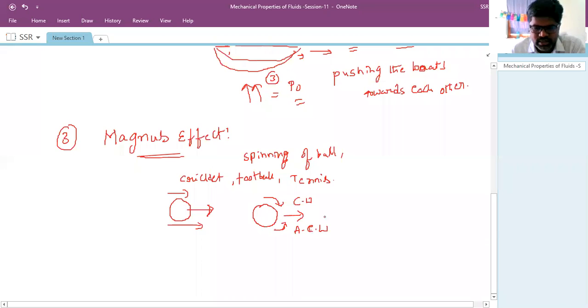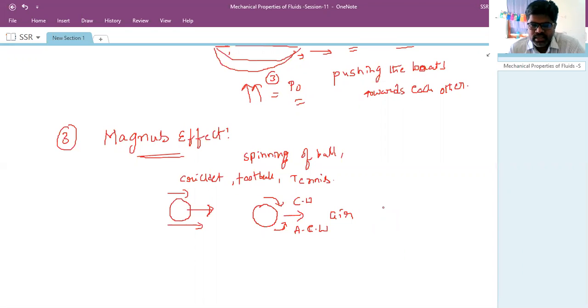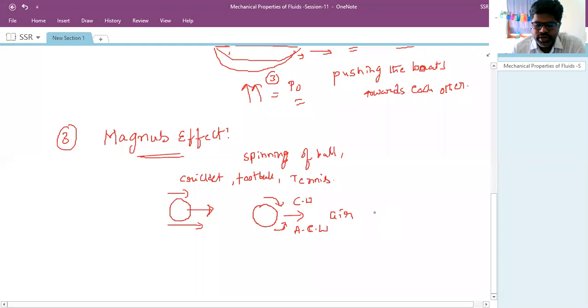When a spinning ball is thrown horizontally into the air, then it deviates its path during its flight. This effect is called the Magnus effect. What is the Magnus effect? When a spinning ball is thrown horizontally in air medium, it deviates its path during its flight. Flight means in motion in air. Then it is called the Magnus effect.